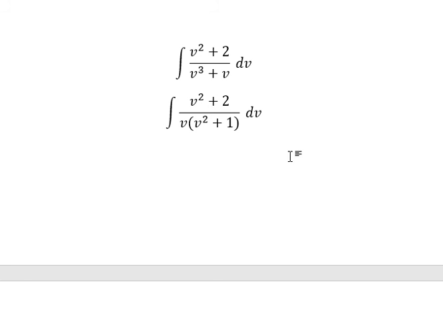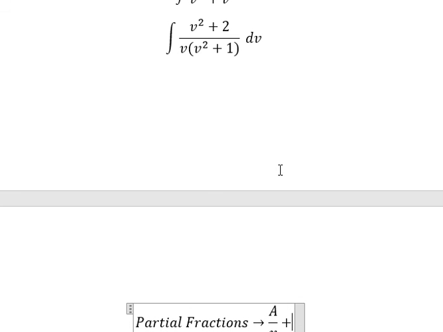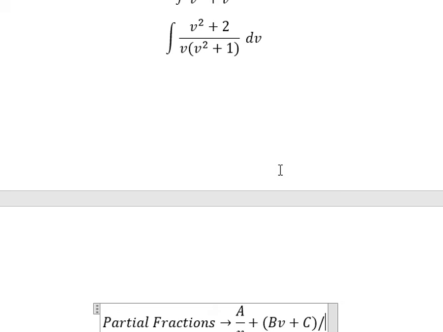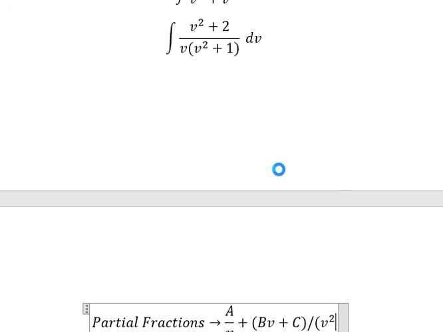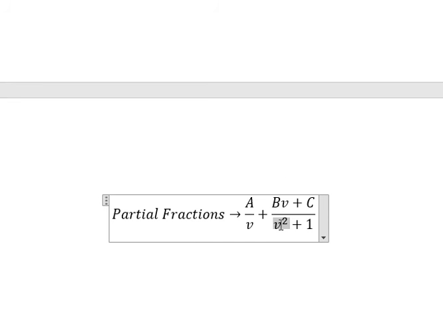So that should be A over v plus Bv plus C over v squared plus 1, because this is degree number 2, so on the numerator that should be degree 2 minus 1. That's why we have Bv plus C in here.